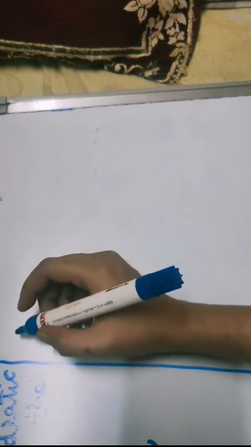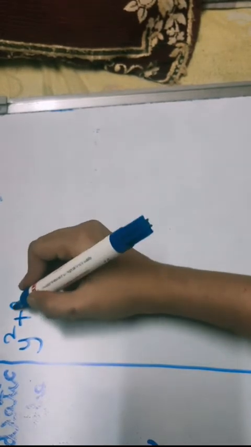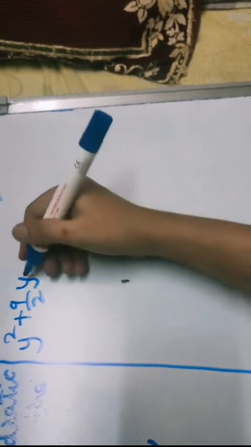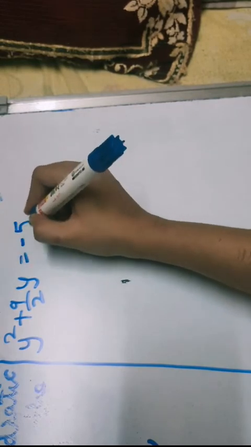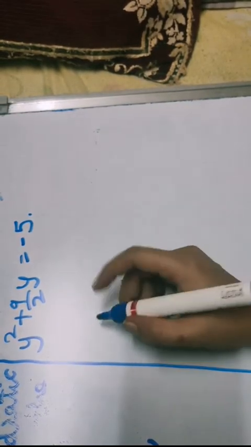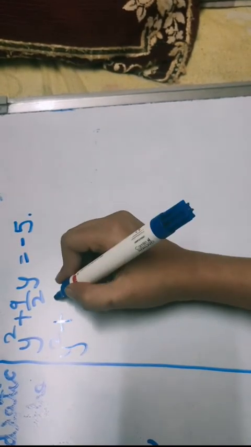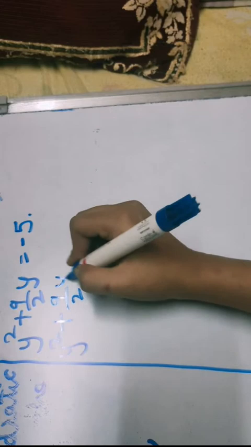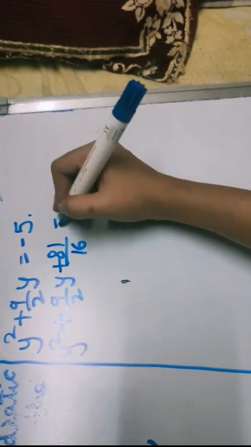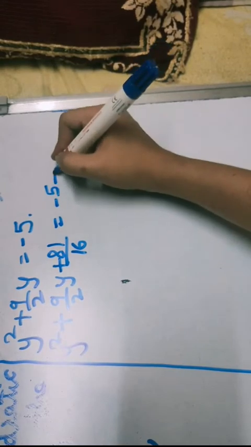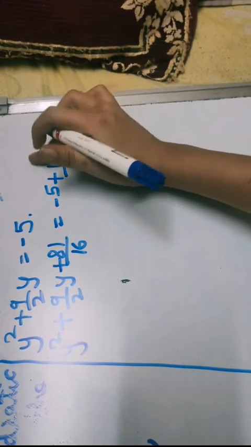Equation 1 I'll just copy as it is, that is y square plus 9 by 2y is equal to minus 5. So when we add, this becomes y square plus 9 by 2y plus 81 upon 16 is equal to minus 5 plus 81 upon 16.